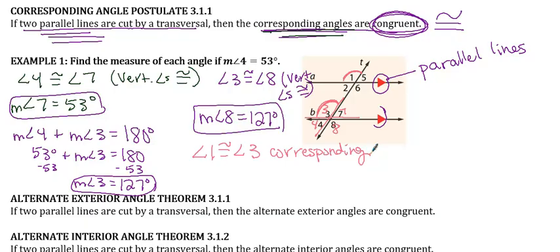Again, this only works with parallel lines. But then angle 5 is congruent to angle what? Yes, 7, because it's on top of the parallel line and to the right. So angle 5 is congruent to angle 7 because they're corresponding.